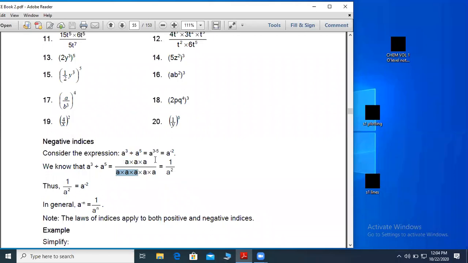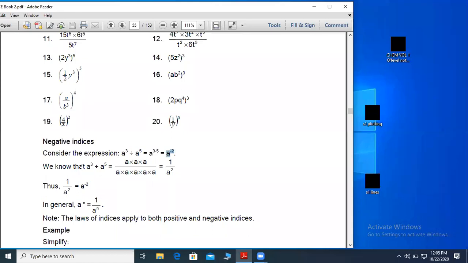On the numerator we remain with 1, and on the denominator we remain with a squared. So our answer will be 1 out of a squared. We get 1 out of a squared when we multiply, and we get a power negative 2 when we subtract the powers.